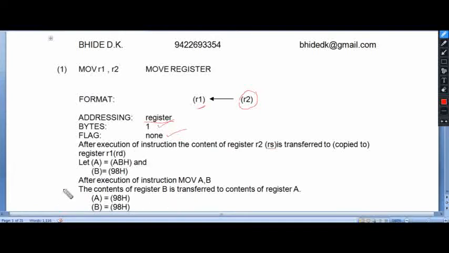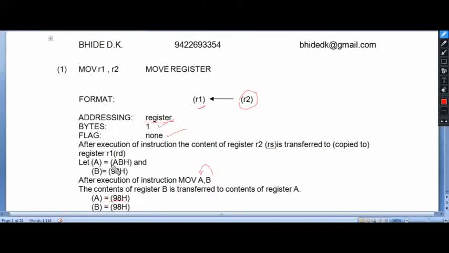Let us go for a specific example. Let A equal AB. That means the number present in the accumulator is AB and the number present in register B equals 98. After execution of the instruction MOV A, B, which is read as move B to A, whatever number is present in register B is copied to register A. That means after execution, the content of A becomes 98.